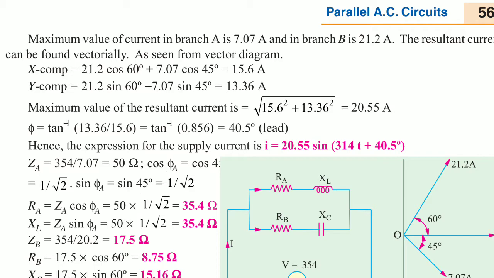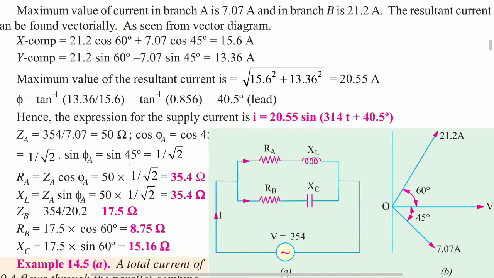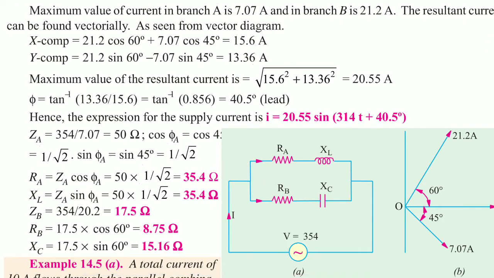So the maximum value of the resultant current is the square root of 15.6 squared plus 13.36 squared, which gives 20.55 amps.